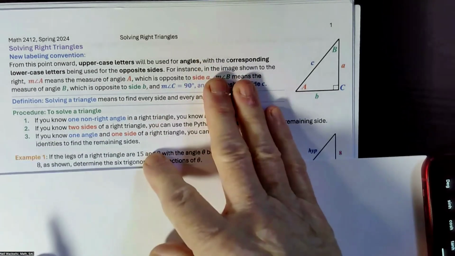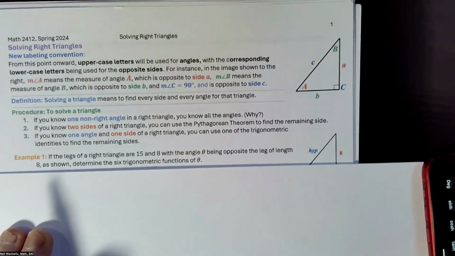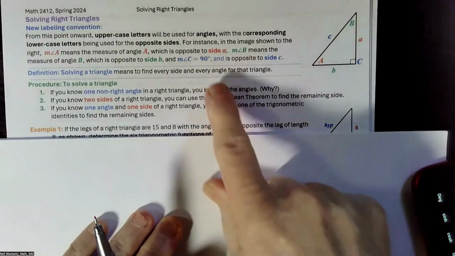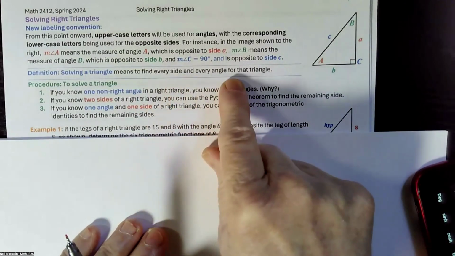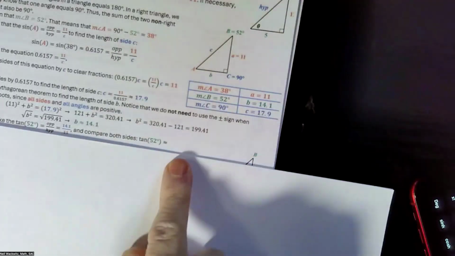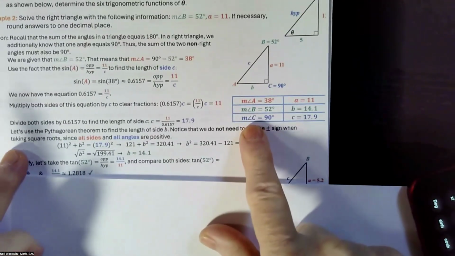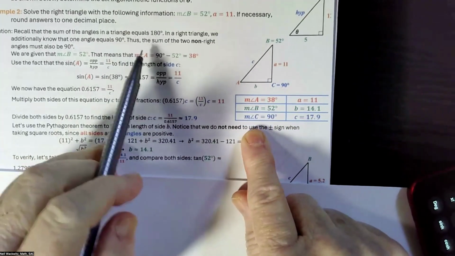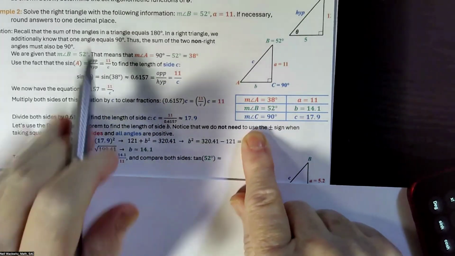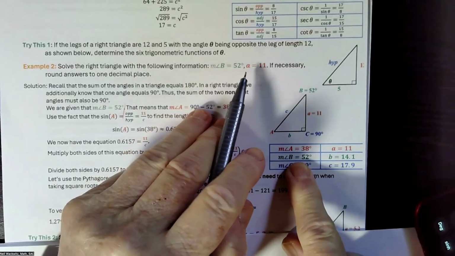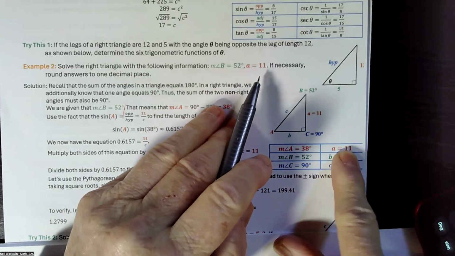To solve a triangle means to find all the sides and all the angles. So solving means find every side and every angle. And what we're going to do is put that information in a table. So even the information you were given, like for this triangle, we were given that the measure of B was 52 degrees and the side A was 11.